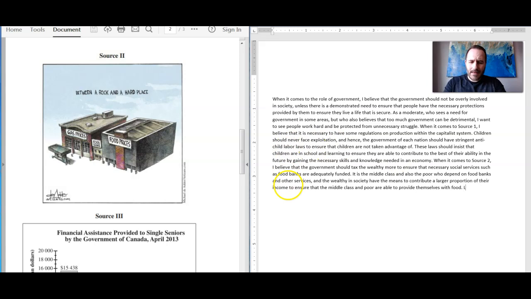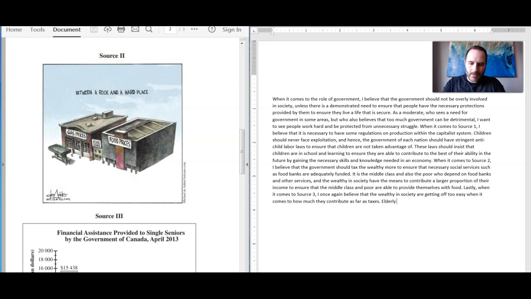And then lastly, when it comes to Source 3, I once again believe that the wealthy in society are getting off too easy when it comes to how much they contribute as far as taxes.